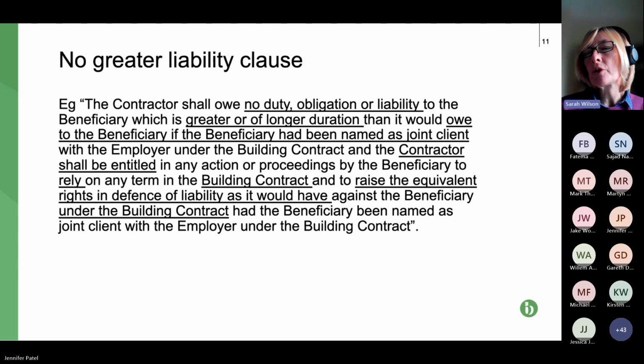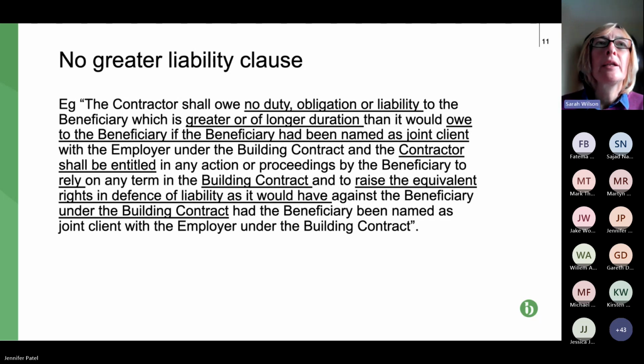So it's a bit of a tortuous way of saying the contractor's liability to the beneficiary can't be more than the contractor's liability under the construction contract itself.